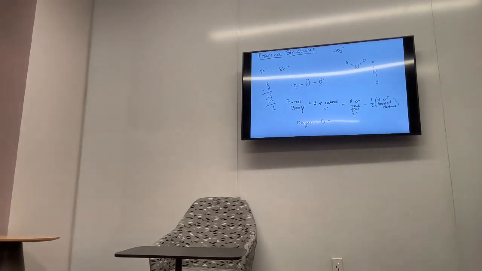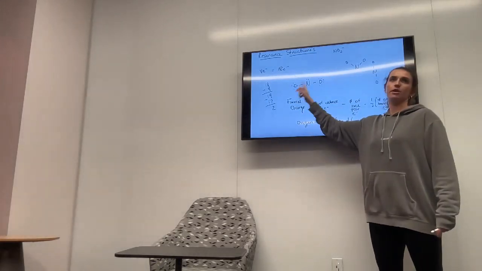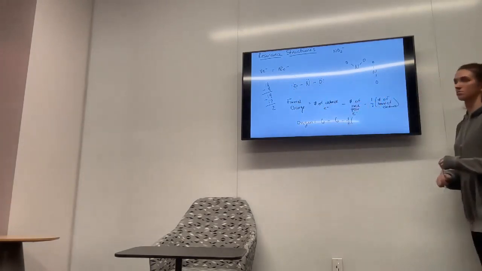We have 6. And then how many bonded electrons do we have? Is the second 6 from one atom or more? Just for one atom. So whenever you're doing the formal charge, you're just looking at this one here.